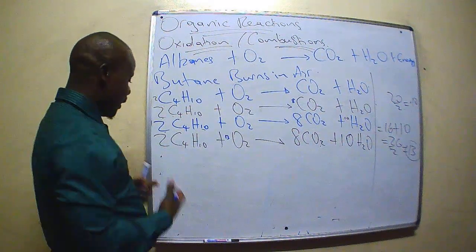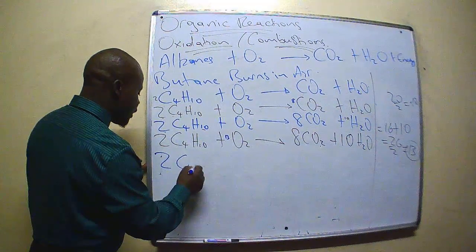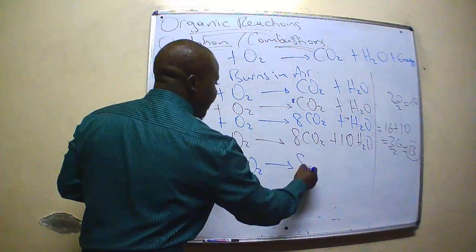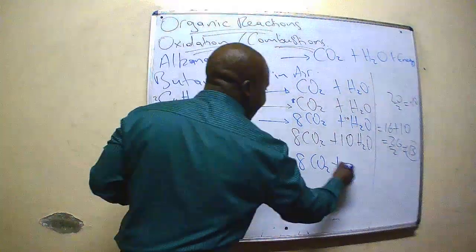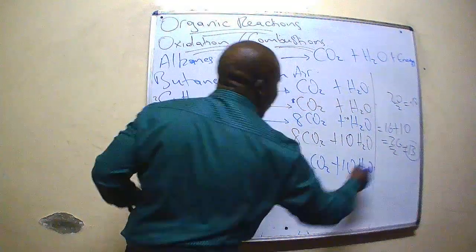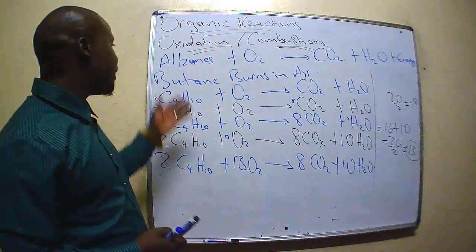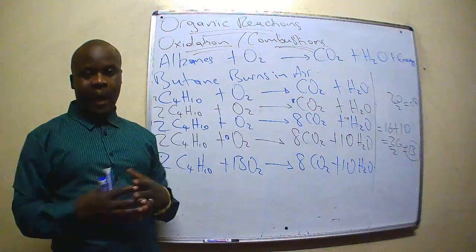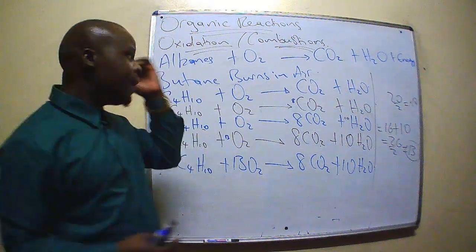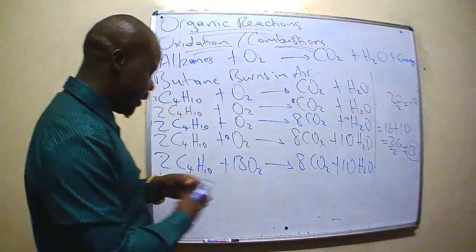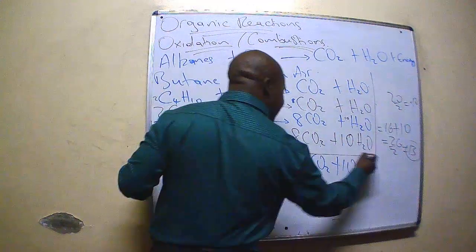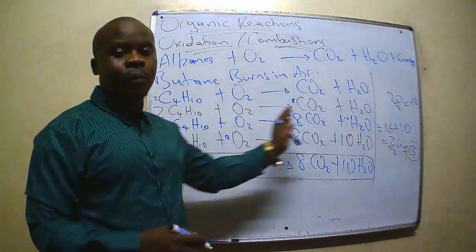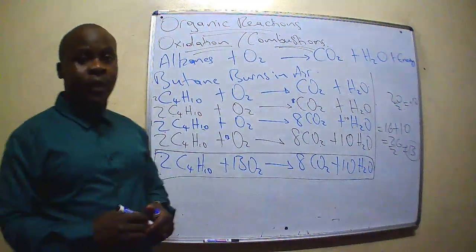So finally, let's balance this one. 2C4H10 plus 13O2, we get 8CO2 plus 10H2O. So it means we have balanced the reaction of butane when it burns in air. This is the balanced equation that we have at the end of the day. Atoms on the left hand side and atoms on the right hand side are now the same.